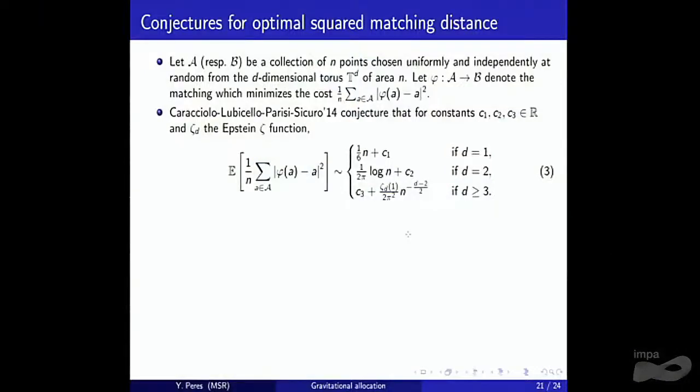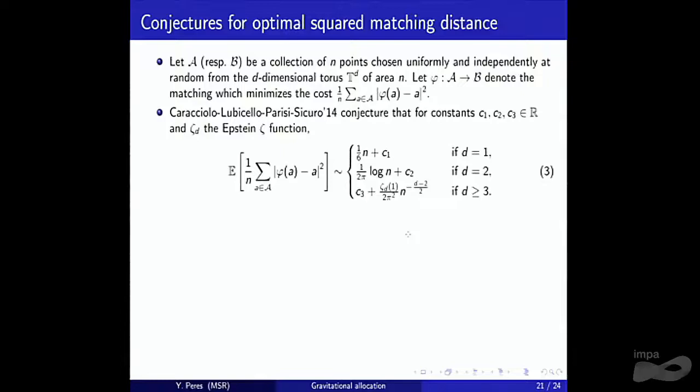Now, both the Ajtai-Komlós-Tusnády analysis and our analysis show that the average square distance is going to be order log n, both for the optimal matching and for the gravitational matching. I showed you the root log n, but in fact we can analyze any moment. The kth moment of the distance traveled is going to behave like root log n to the k. But they were interested in a sharper thing, in the constants in front.